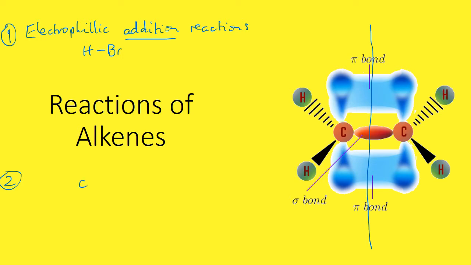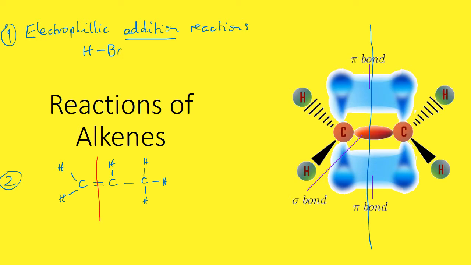You could have a double bond there and a carbon with a methyl group, one hydrogen, two hydrogens here. Let's just put the hydrogens in for completeness, and you can see if you draw the mirror line down through the double bond, what's on the left is not the same as what's on the right.